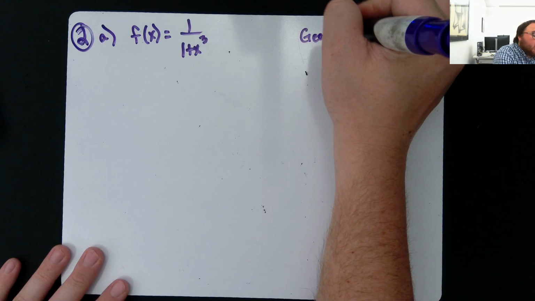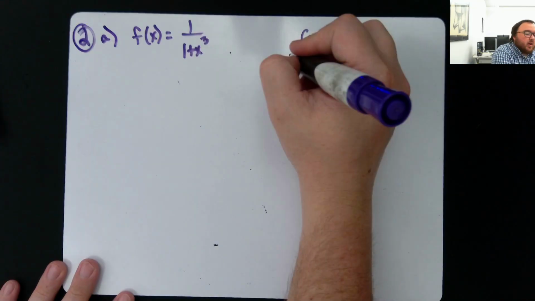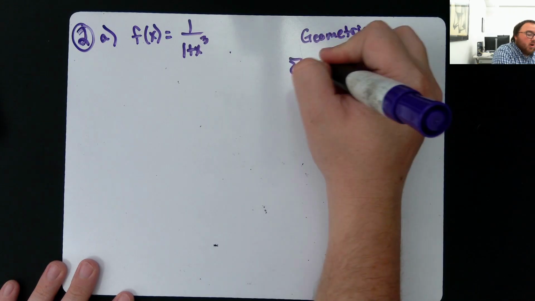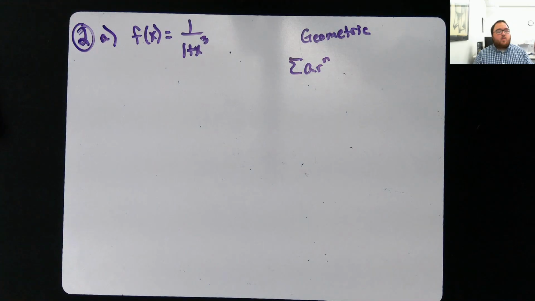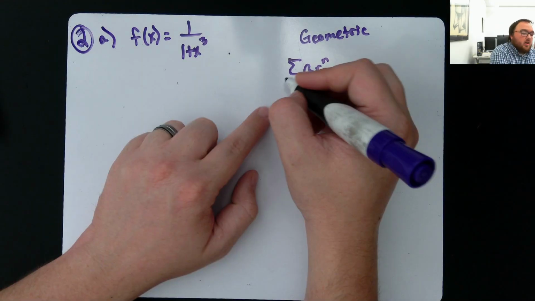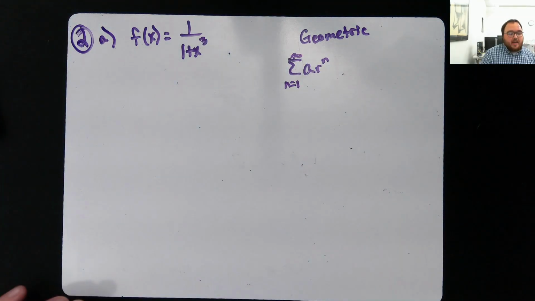Because remember, we learned this in chapter 5, right? This was whenever I had the sum of a r to the n. I believe back then we had n minus 1, but our sums started at 1. All of our sums here are starting at 0.